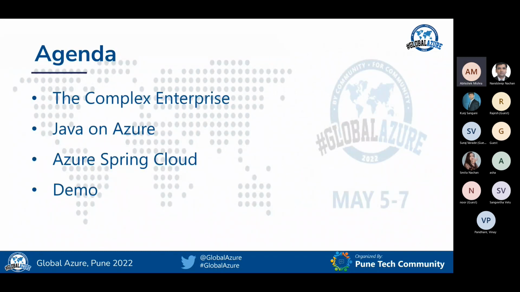Let me talk about the agenda first, how we are going to progress. So we will start by understanding the complex enterprise, because this is a perfect use case where I will be able to tell you why we need to talk about Spring, why I need to talk about Java, why I need to talk about other technologies apart from Microsoft .NET in the context of Azure. So I will explain the complex enterprise, how it looks.